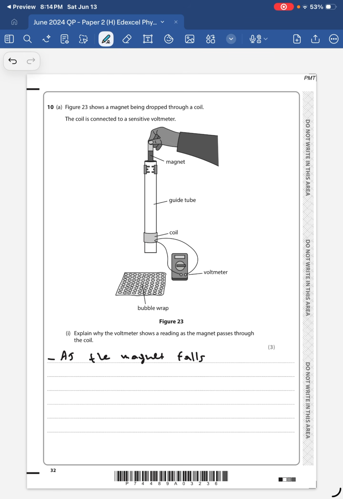So let's write down that as the magnet falls through the coil, okay, its magnetic field lines cut through the turns of the coil.